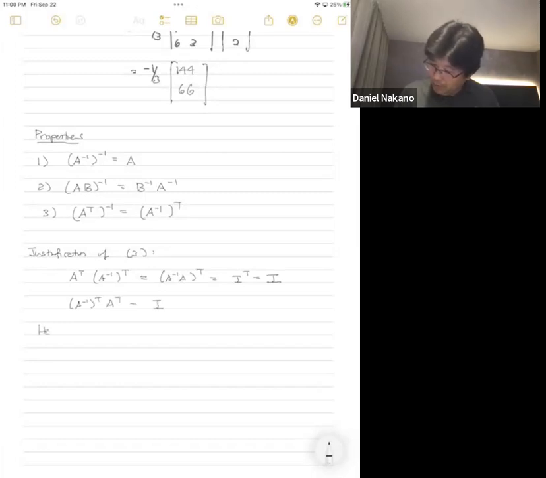So hence, by the uniqueness that we proved at the beginning, we have to have that A transpose inverse, the inverse of A transpose, has to be equal to A inverse transpose.